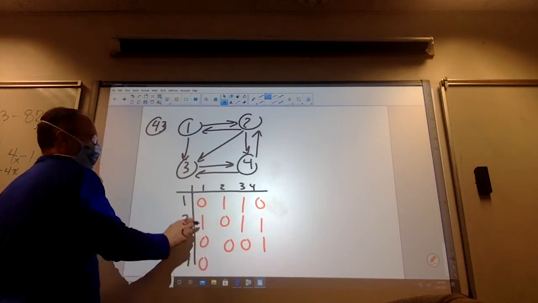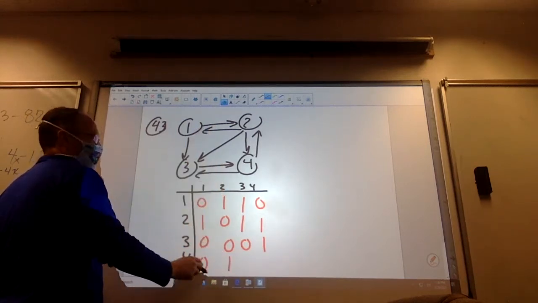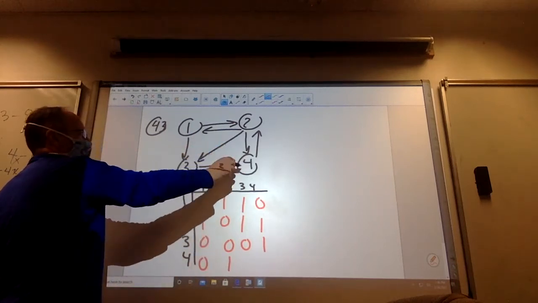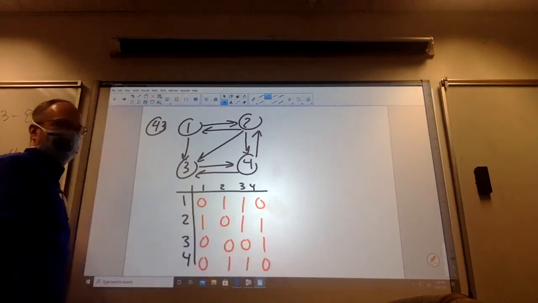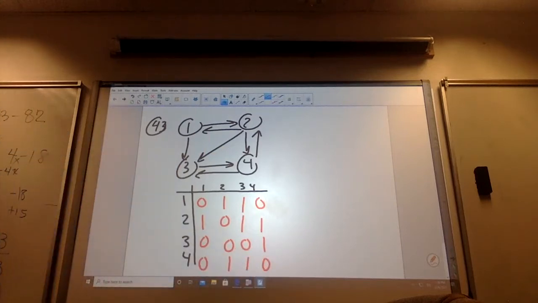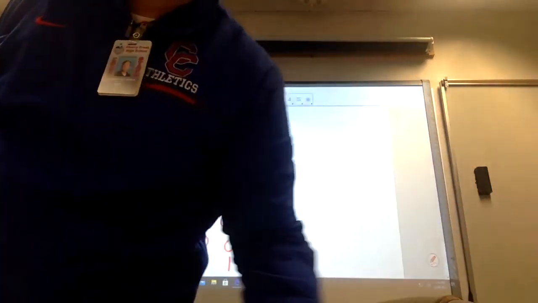No. Can I go from 4 to 2? There's an arrow. Can I go from 4 to 3? Yes, there's an arrow. Can I go from 4 to itself? No. That's all you have to do. Yeah, I got that one right. Cool. So it just tells you the paths it's taken is all it's doing.